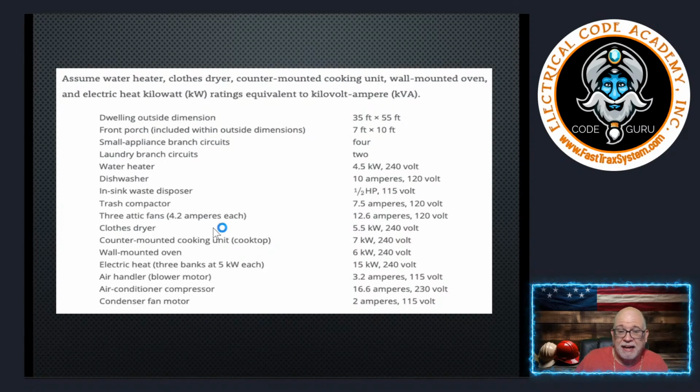And you also have to assume at least 1 laundry circuit at 1500 VA, okay? Now, our dwelling has 2 laundry branch circuits. We have 4 small appliance branch circuits. So keep that in mind as we go through.